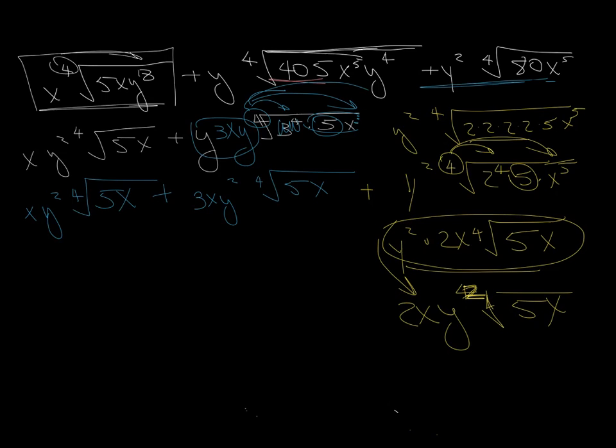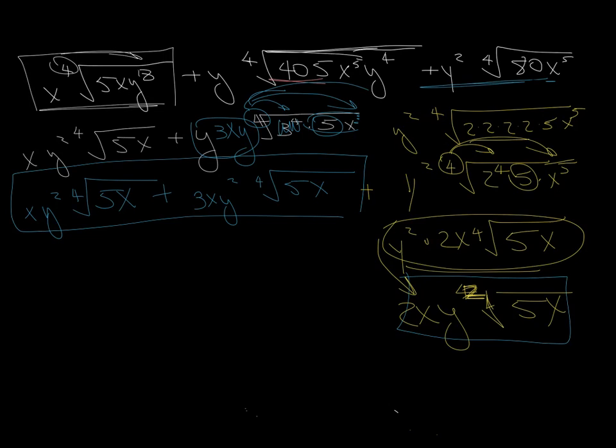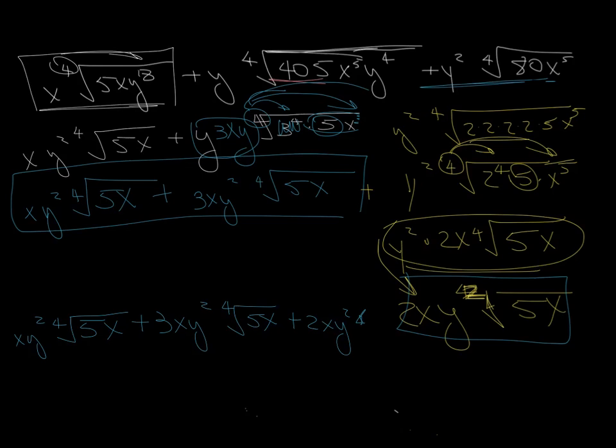Alright, so let's go ahead and write. We've got this here and this here to add. So x, y squared, I'm just writing everything together, 4th root of 5x plus 3x y squared, 4th root, 5x plus 2x y squared, 4th root, 5x.